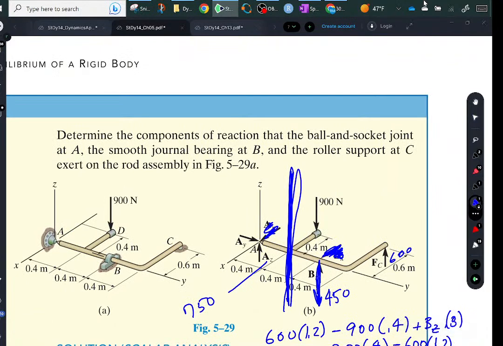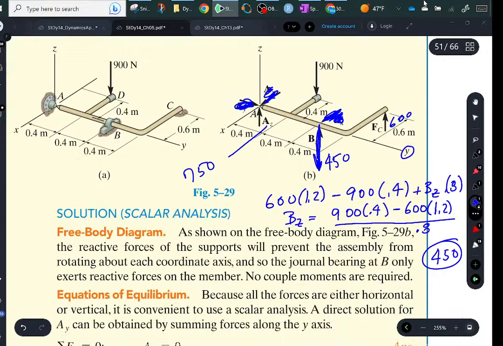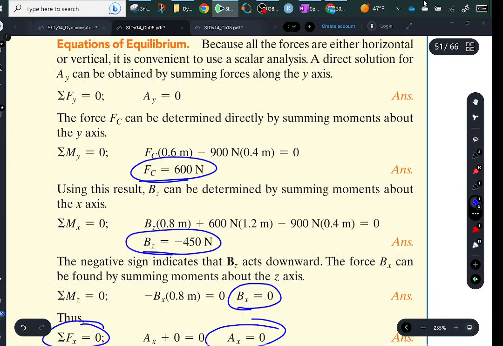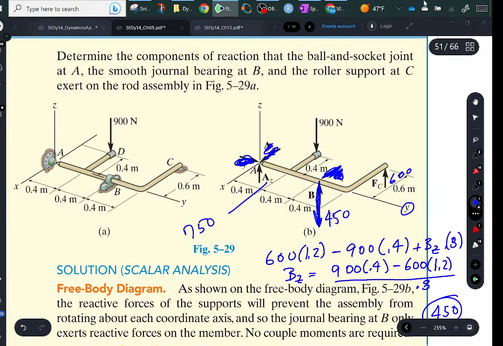Okay, so that's 0. AY. Well, now I can do some forces in this Y direction. And I pretty much realized AY has got to be 0. So AY is gone as well. So you can solve these things rather. Oh, I didn't do AZ, did I?